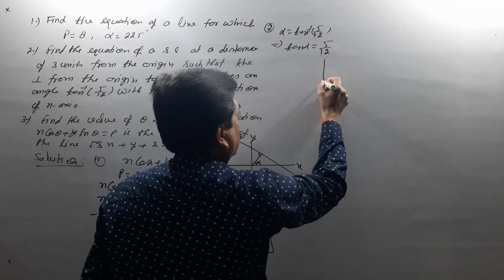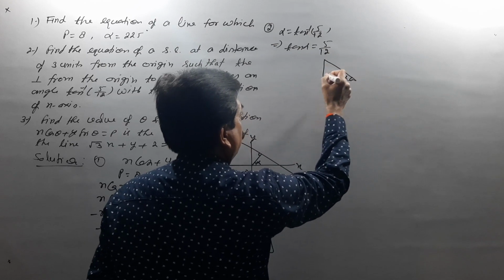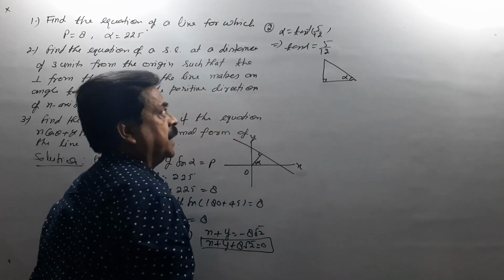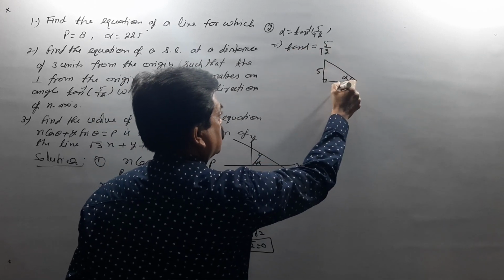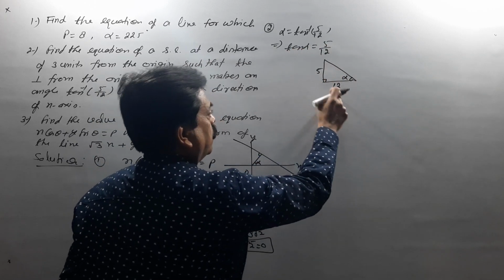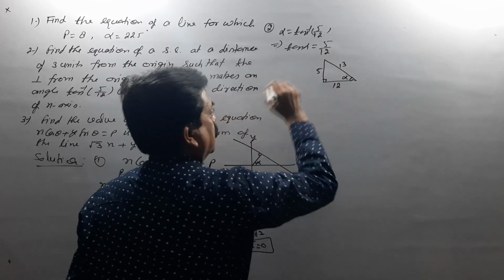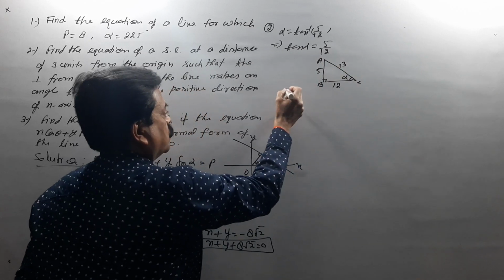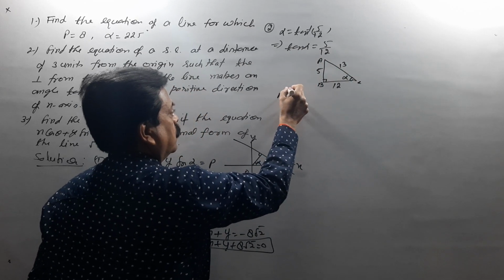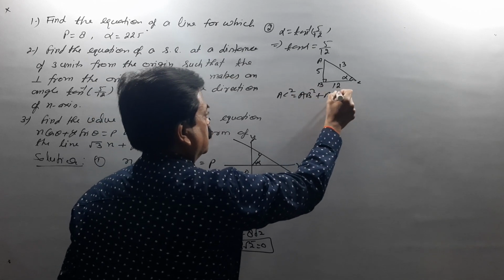So form a right angle triangle and say this angle alpha, this is right angle 90 degree. Tan alpha is perpendicular upon base, so 5 upon 12, and by Pythagoras theorem we can find this side as 13, triangle A, B, C. So by Pythagoras theorem we have AC square is equal to AB square plus BC square.